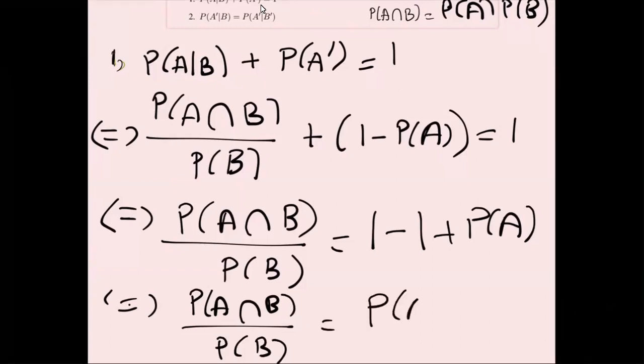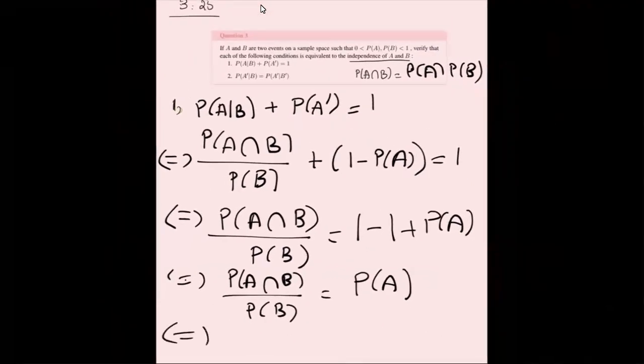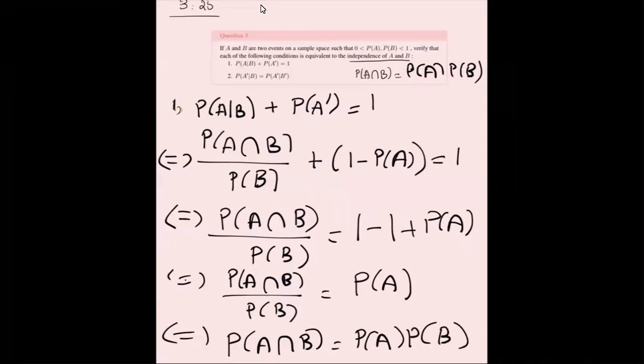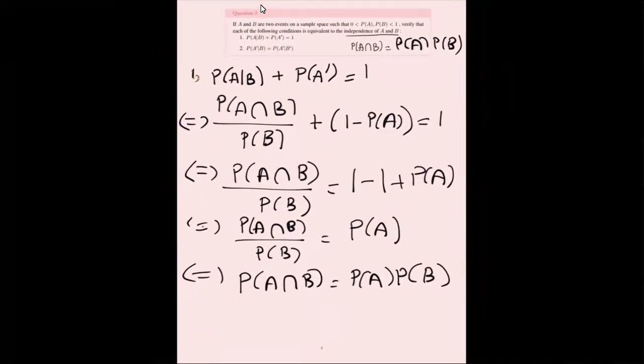So I'm left with probability of A. And if I cross multiply, I will get this expression. And it means that A and B are independent. So we show that the first condition is equivalent to independence of A and B. That is the first one. Let me know if you have any questions.